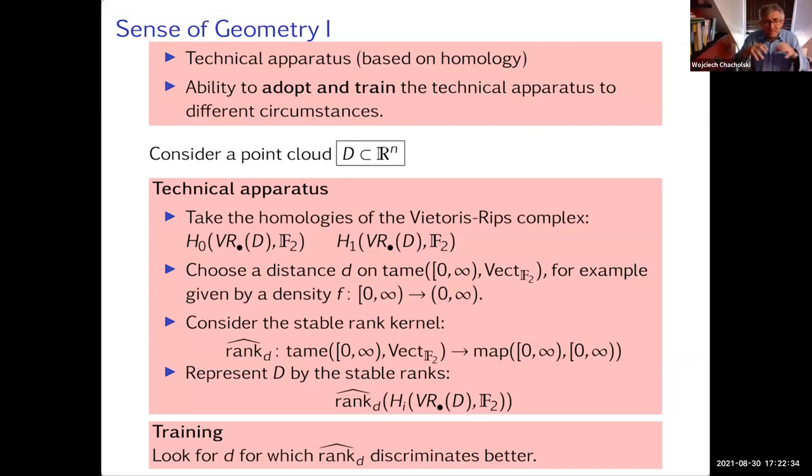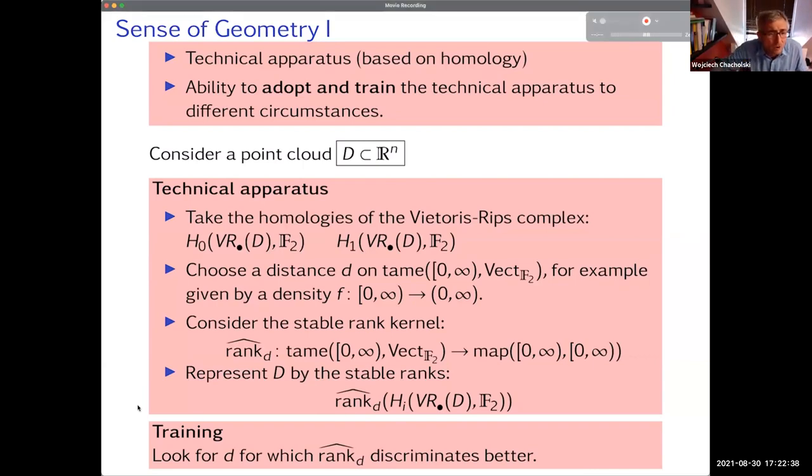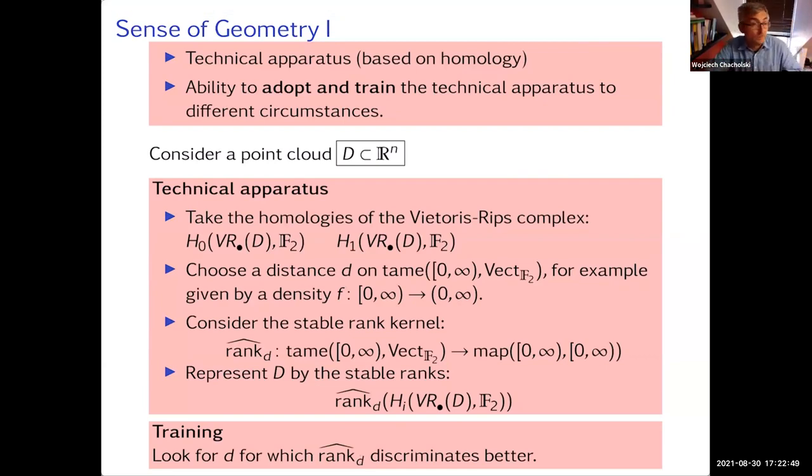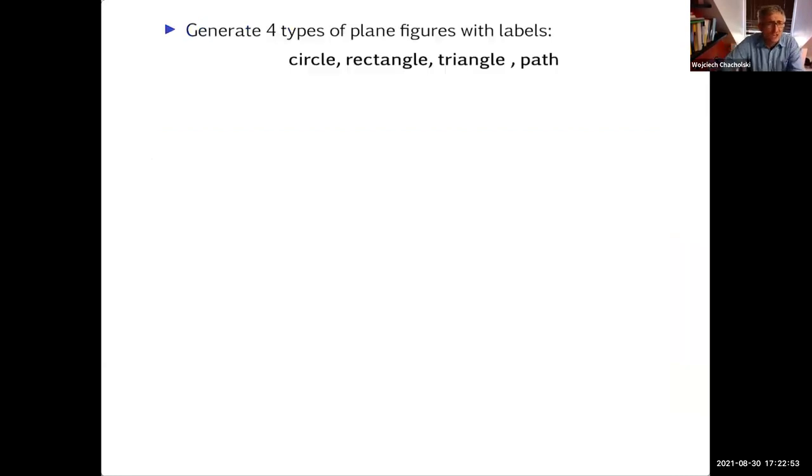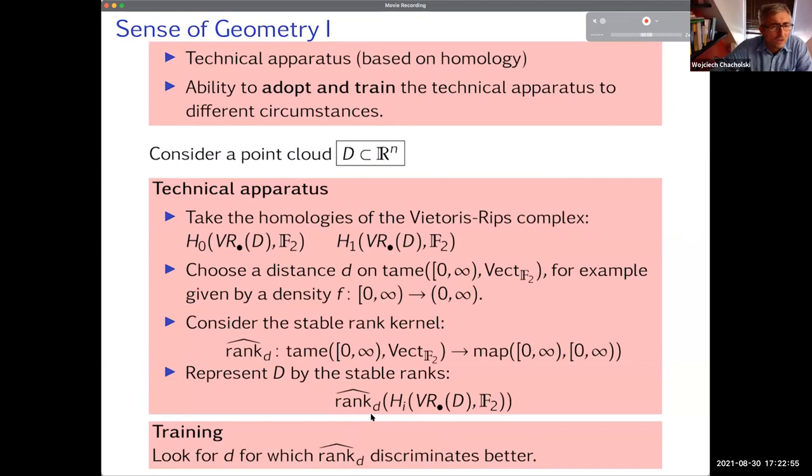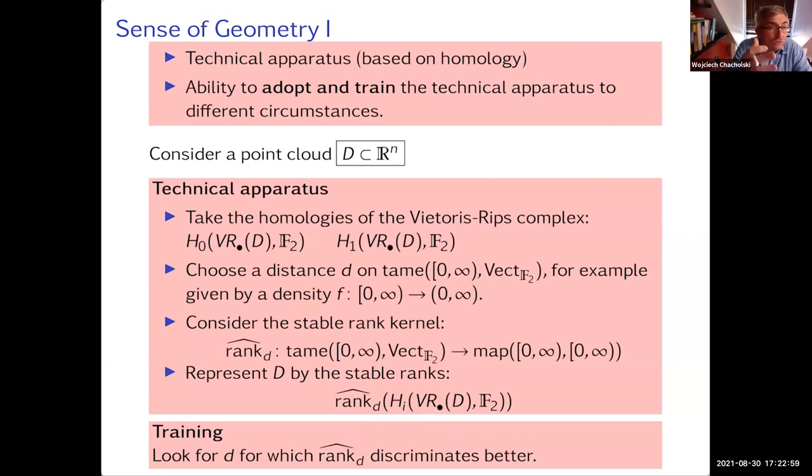Maybe when my point cloud represents some biological information, this particular distance is better for that purpose than another distance. So now the question: I give you a sense, what does this sense do? What is it sensitive to?